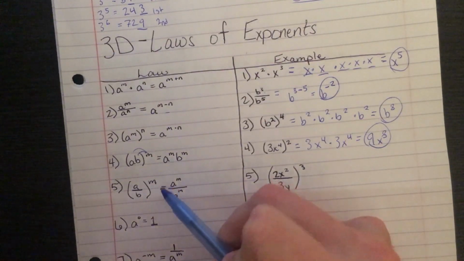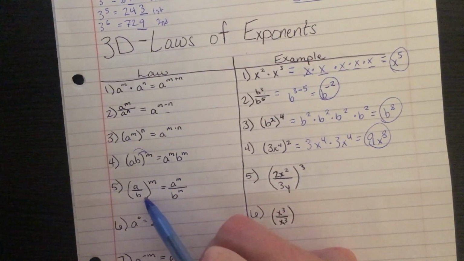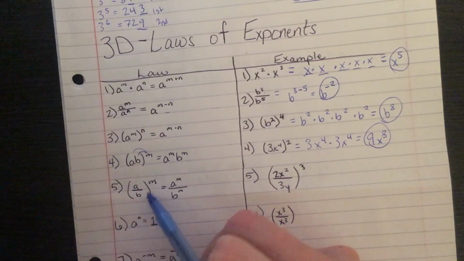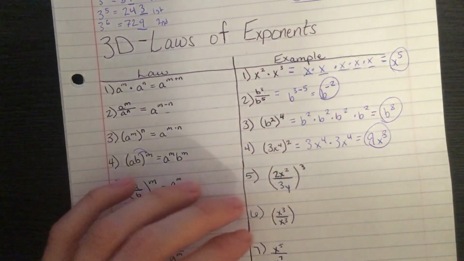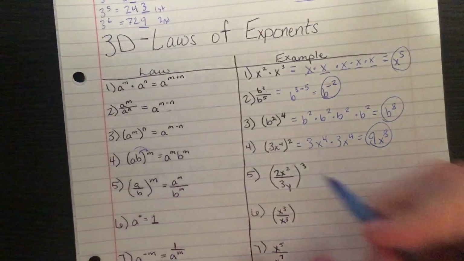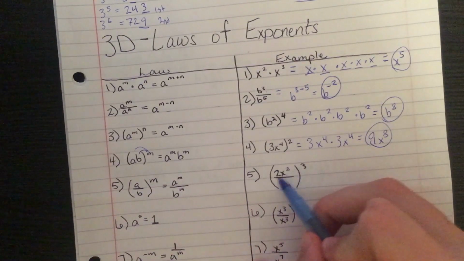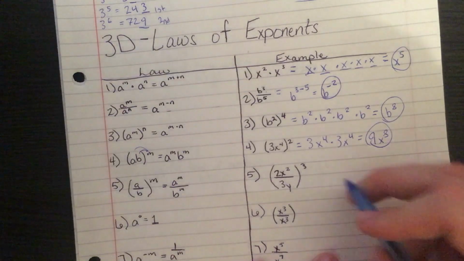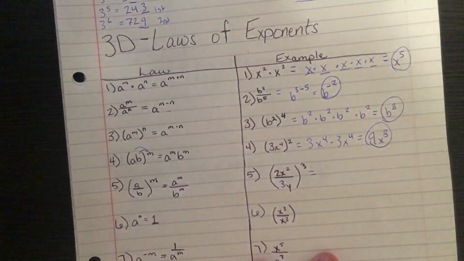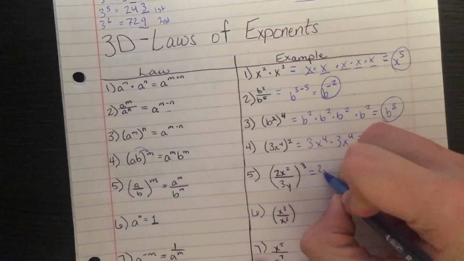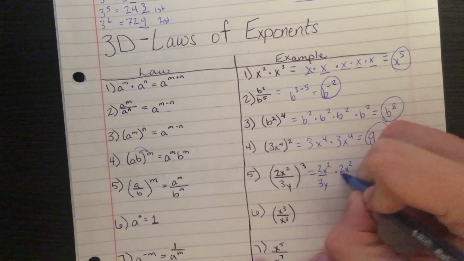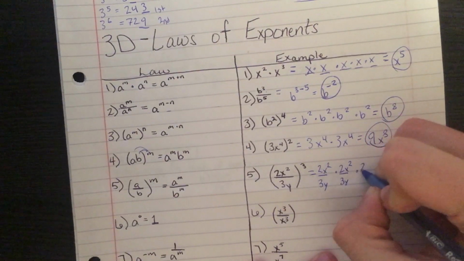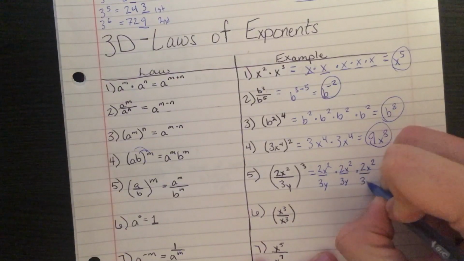Now, for these fractions, for a divided by b to the m power, we can still distribute those. We can still multiply those. So if you had 2x squared divided by 3y, and that is to the 3rd power, we would say, well, that's the same thing as 2x squared over 3y times 2x squared over 3y times 2x squared over 3y.